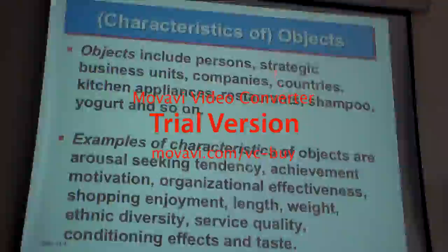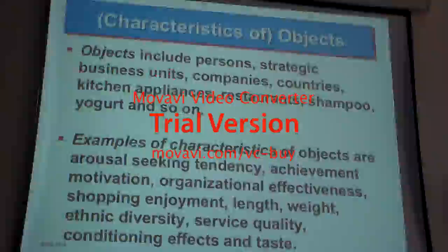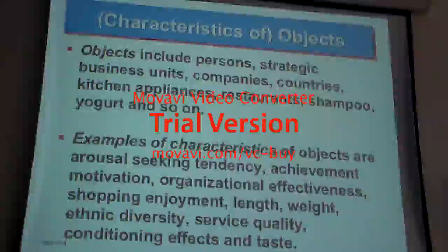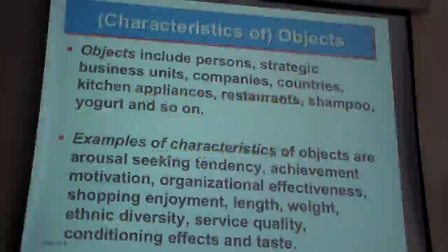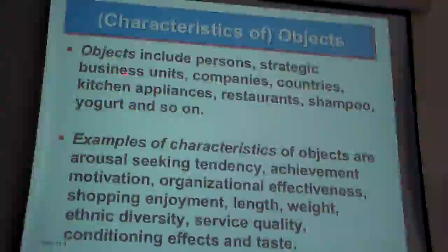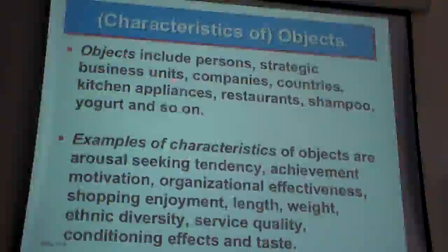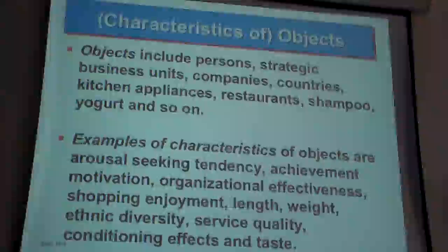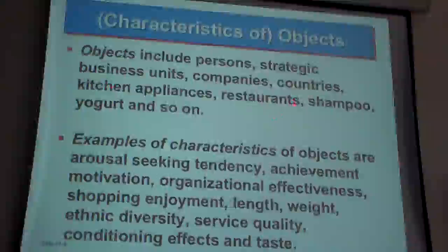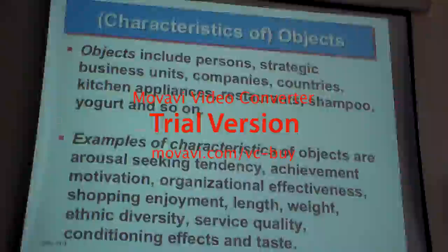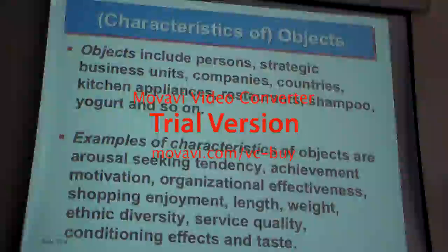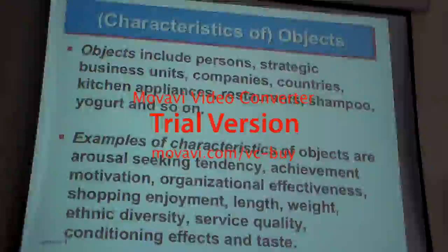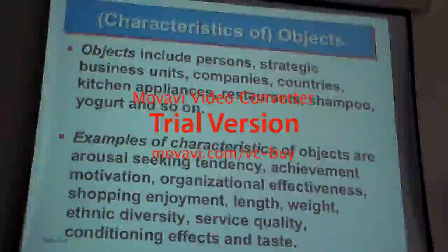Every unit can be considered an object. The company itself is an object. Countries, even kitchen appliances, the things that you use in the kitchen, are also objects. Restaurants, shampoo, yogurt, and so on. All these are just some examples of objects.